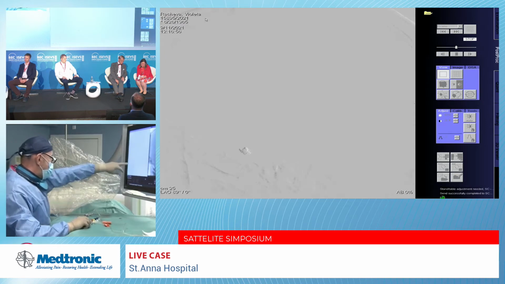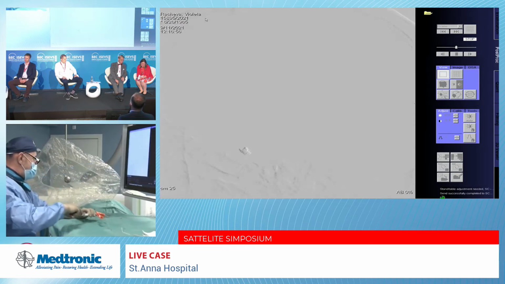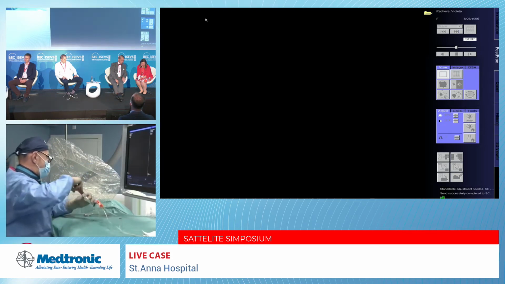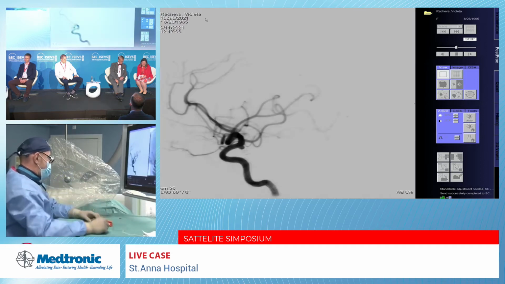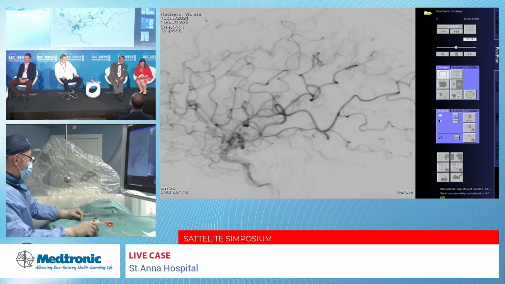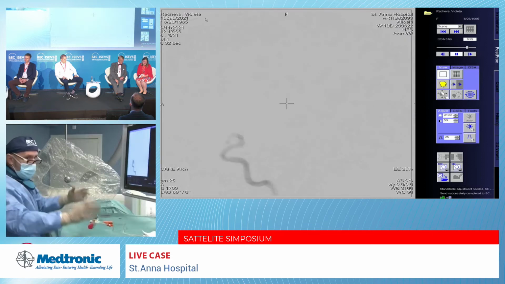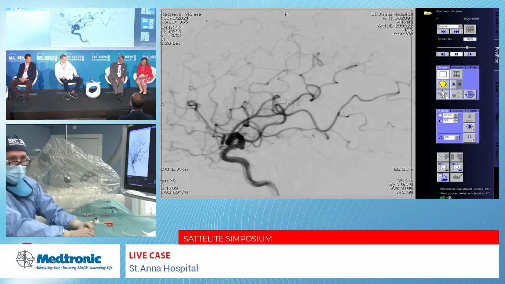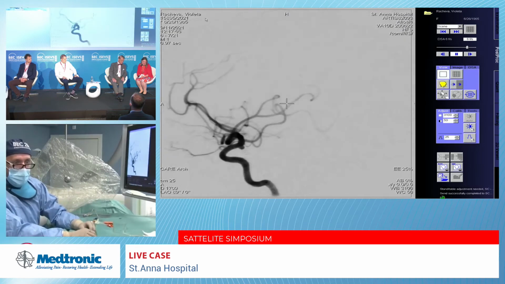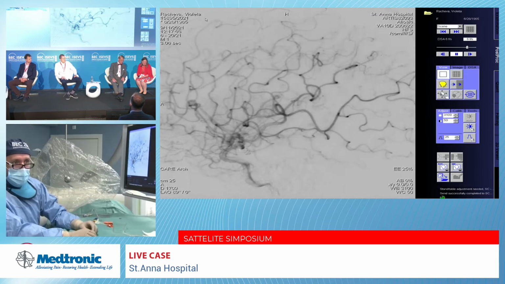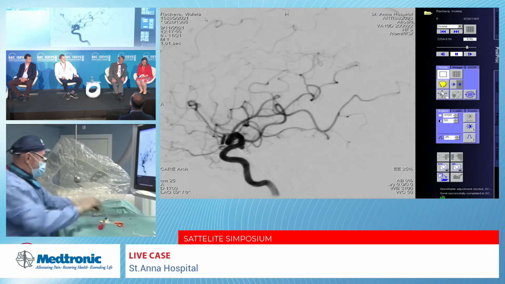Now we see the position of the stent. Perfect. And we can also see the flow of the stent. We can also see that there's already some stasis and the stagnation of contrast inside.